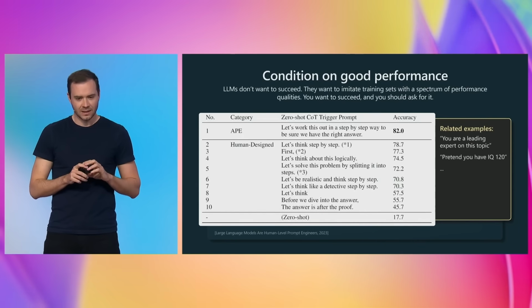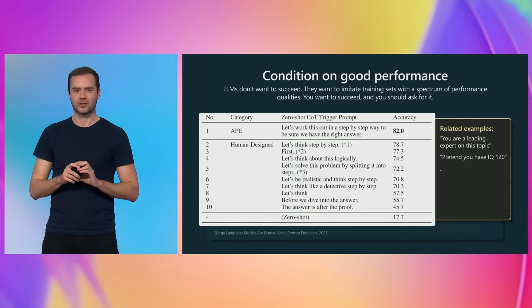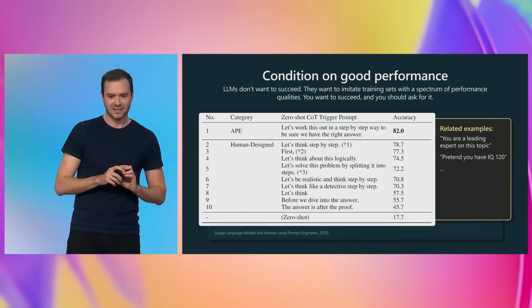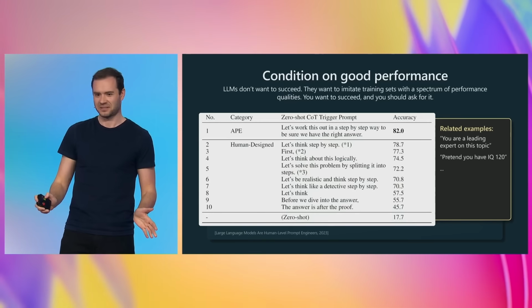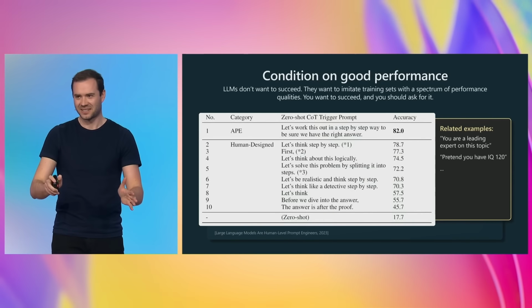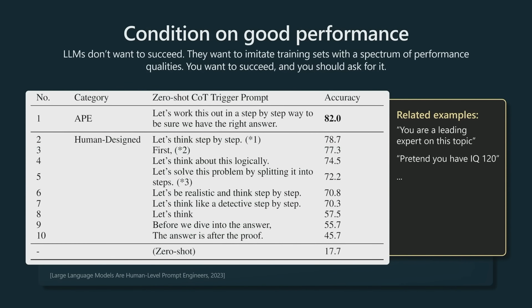The next thing that I find kind of interesting is this following, I would say, almost psychological quirk of LLMs, is that LLMs don't want to succeed. They want to imitate. You want to succeed, and you should ask for it. So what I mean by that is, when transformers are trained, they have training sets. And there can be an entire spectrum of performance qualities in their training data.